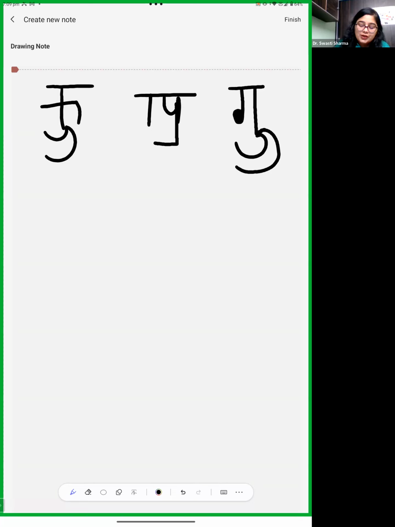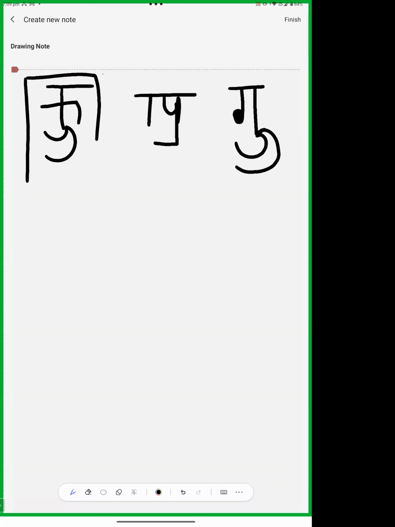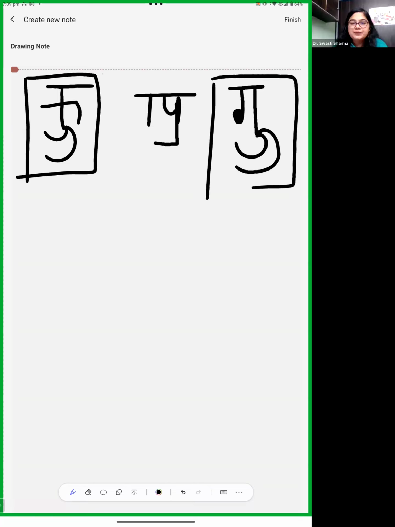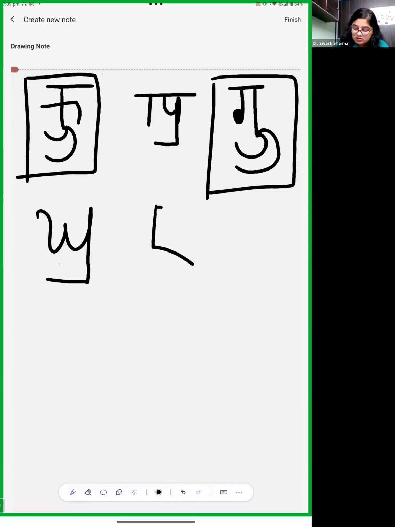So now we are going to put these letters in the boxes. Okay. Here the matras are different. Ga. With letter G, it is very simple. Okay. With letter Ng, it is very simple. We make like this.